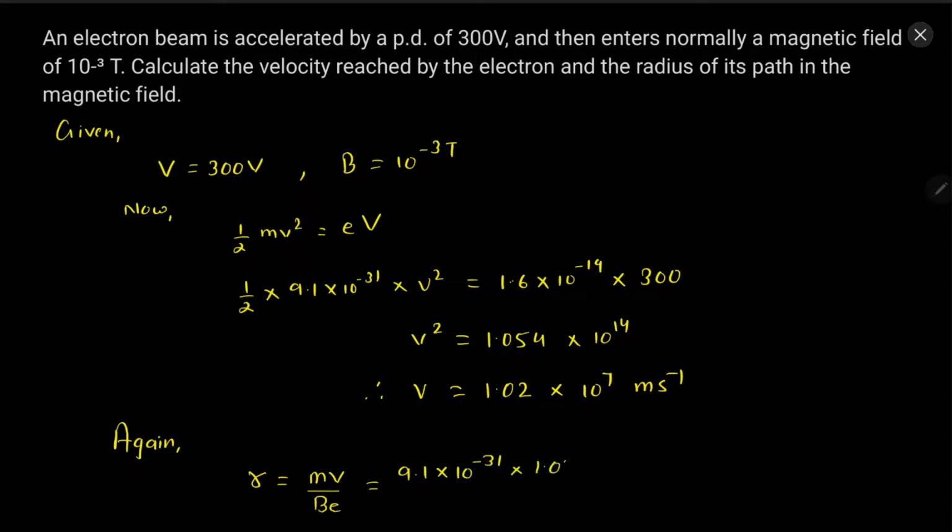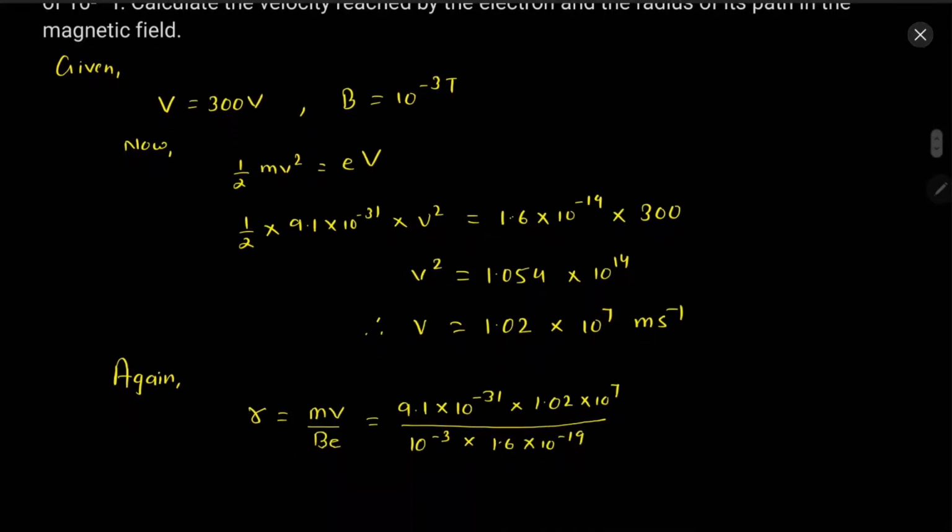Velocity is obtained as 1.2 into 10 power 7, magnetic field applied is 10 power minus 3 and charge of the particle is 1.6 into 10 power minus 19. So putting all these values and calculating, we get R as 0.058 meter.